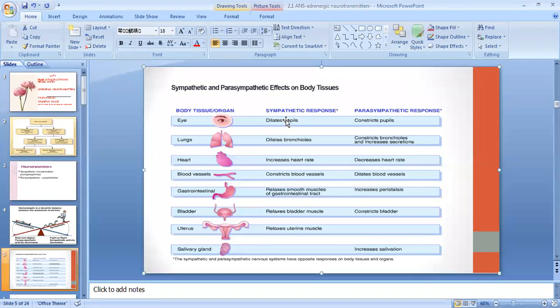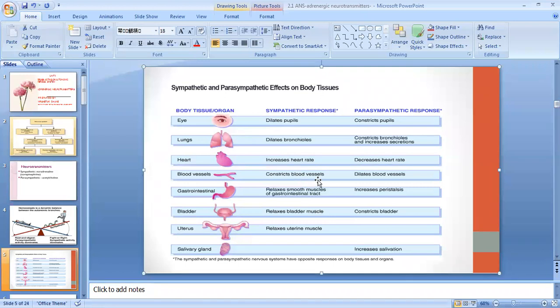Yesterday we saw this, but we will revise. The sympathetic system will dilate the pupils, but the parasympathetic will constrict the pupils. Lungs: dilation of the bronchioles in the sympathetic, while the parasympathetic constricts the bronchioles and increases their secretions. Heart: sympathetic increases heart rate, parasympathetic decreases heart rate.